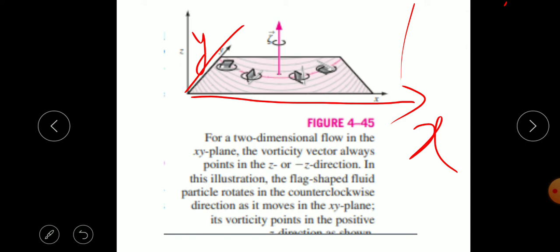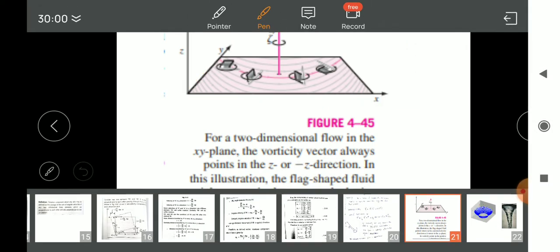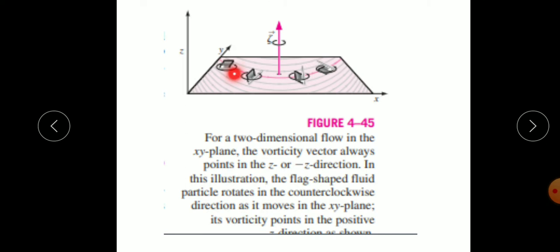The fluid particle rotates in the counterclockwise direction. Here we can see a flag shape or paper shape of the fluid particle, and it will revolve. It is rotating in the anti-clockwise direction, or counterclockwise, in the xy plane.